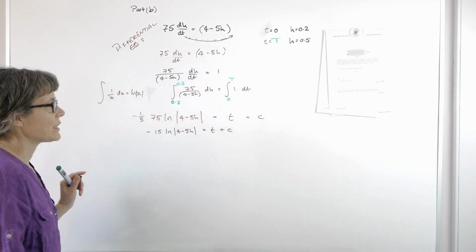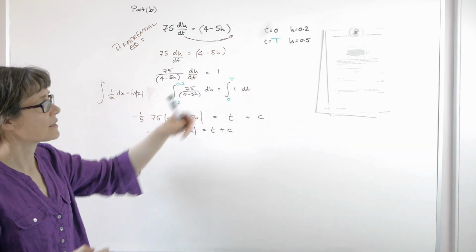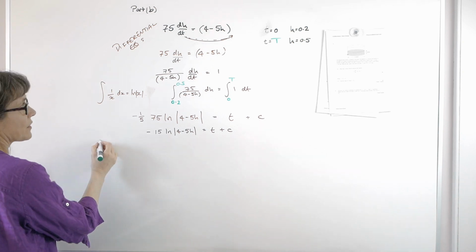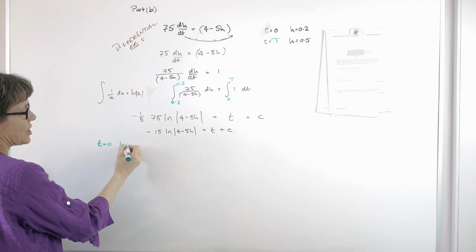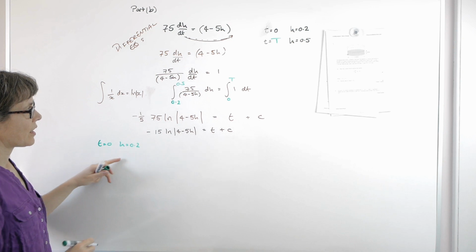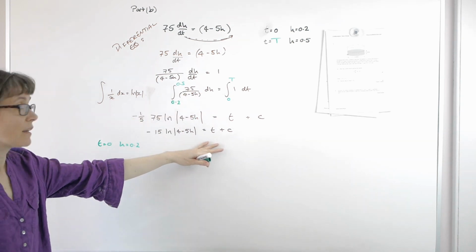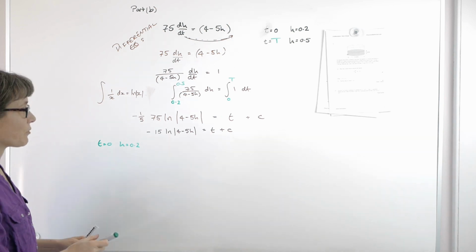And we need to work out this c. Now, of course, this is where this data comes in that they've given us, this fixed point, that when t is 0, h is 0.2, which we could have done as a definite integral. We can put that in here and find c, sort of doing the same thing but by a different route.